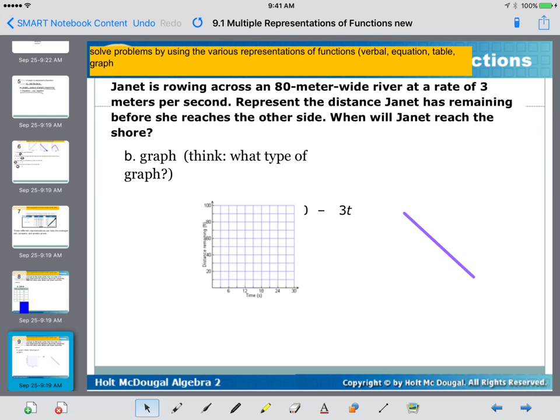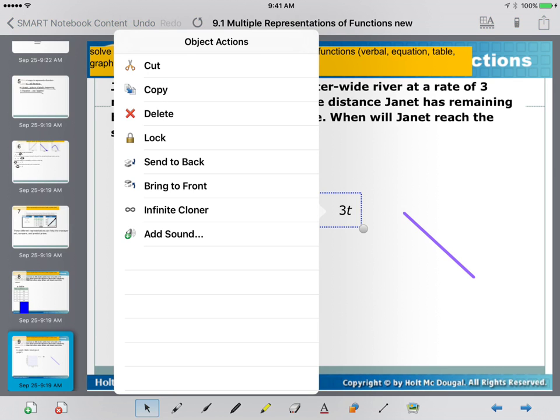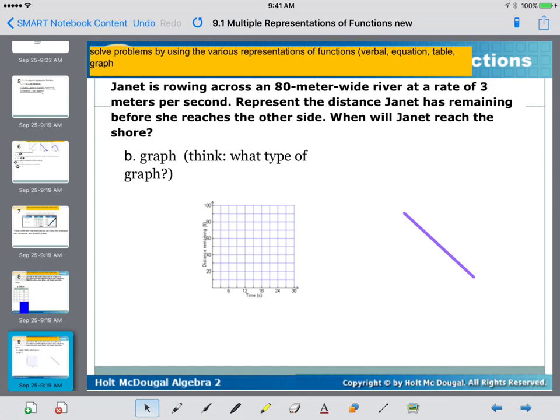Now let's think about what a graph would look like. Well, we know that she's going to start at 80 when the x is 0 from our table.